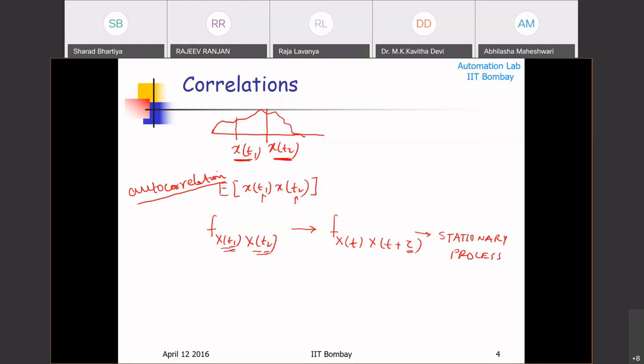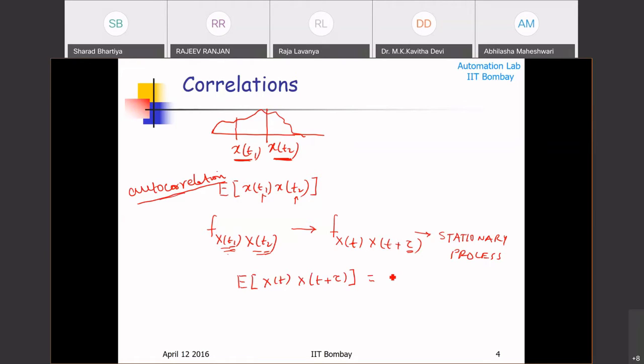So I have discussed with you a random process and tried to motivate how it comes. You can think of it as a collection of random variables, which also brings the notion of autocorrelation and the fact that you have a stationary process. In a stationary process, the expected value of x of t into x of t minus or plus tau does not depend on whether I put in minus or plus tau.